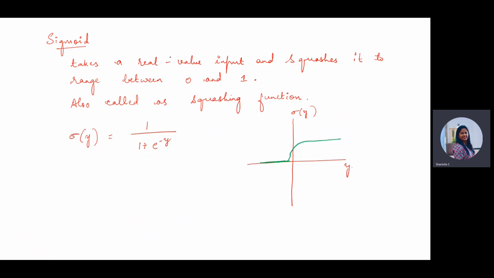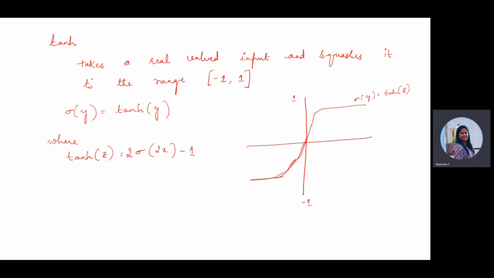Whatever threshold unit we use in multi-layer networks is also called a squashing function. The sigmoid is given by sigma of y equals 1 divided by 1 plus e to the power of minus y. This is how the graph is represented, and it is always better never to use this except for the output layer.